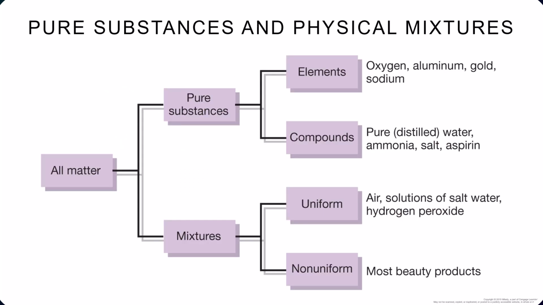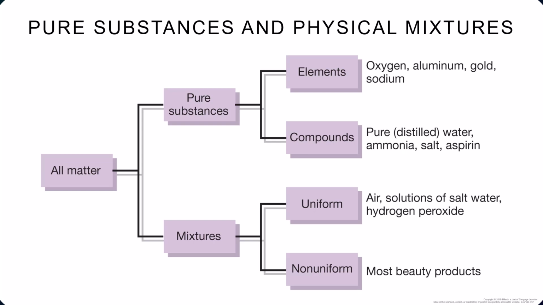A pure substance is a chemical combination of matter in a definite or fixed proportion. So again, H2O being water, that's an example of a pure substance. There's always going to be two hydrogen atoms per one oxygen atom to make up H2O or water. Any differing amount of oxygen with the two hydrogens would be a completely different substance, and it would no longer be water.